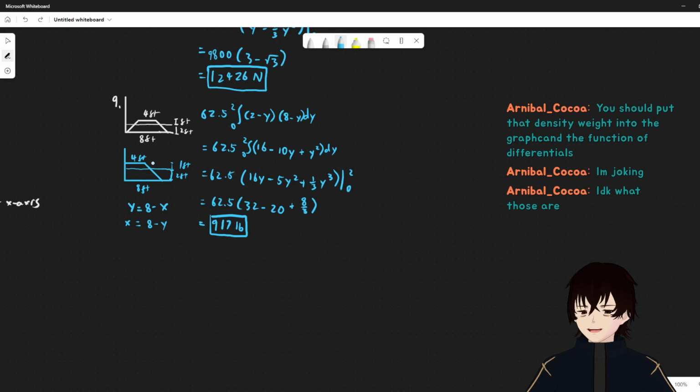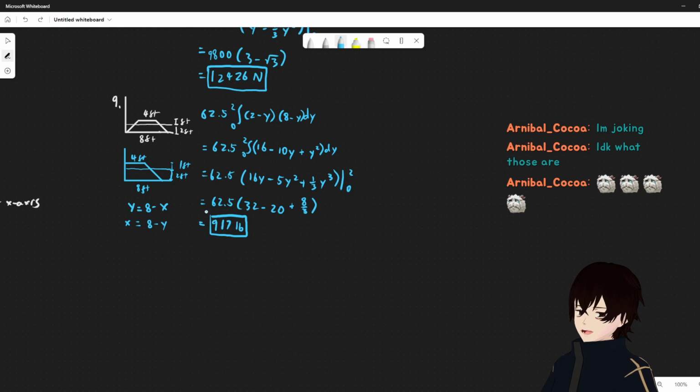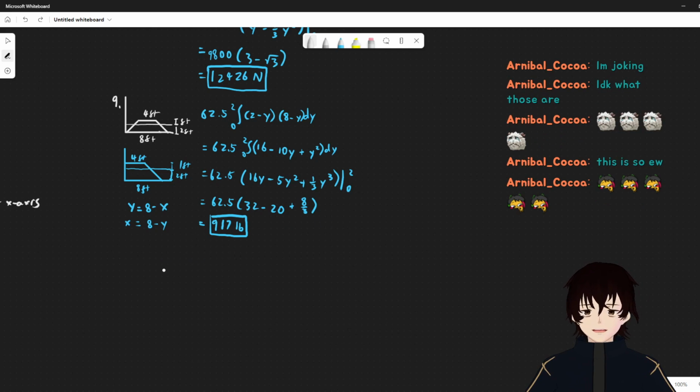I don't know either. But we do have differential equations for the next section. I think this answer is close enough. I believe I used a different number for the density of water. I don't know what the textbook density of water is. I'm gonna leave it at that.